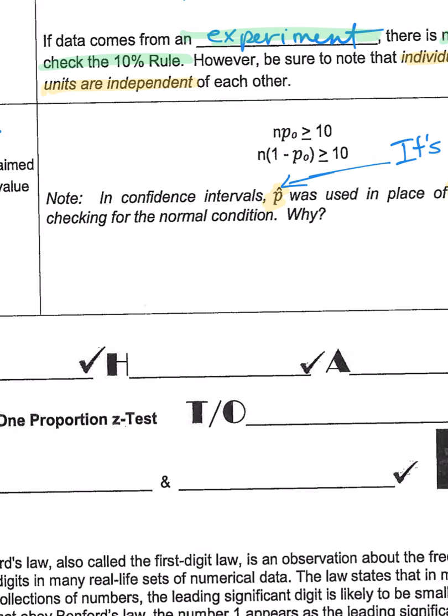In these inference problems, we're going to have an idea of what p is, aren't we? And we're judging something else's validity based on what we know p to be, right? So for confidence intervals, we're estimating p with p hat. For inference, we're already going to have an idea of what p is. So very different in that regard, aren't they?